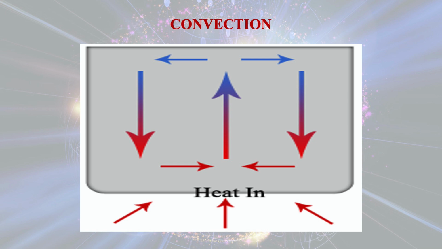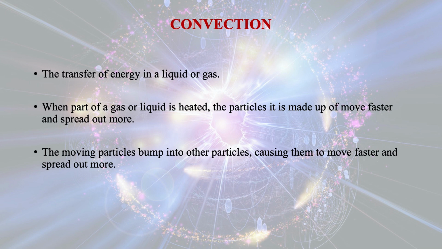So it is a continuous movement of less dense fluid at the bottom going up and high density fluid from top to bottom. This is the continuous process of convection heat transfer. Now, convection is the transfer of energy in a liquid or gas, so this process is only for liquid or gas.